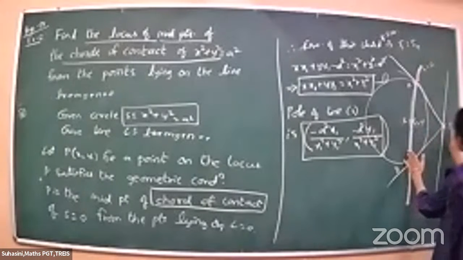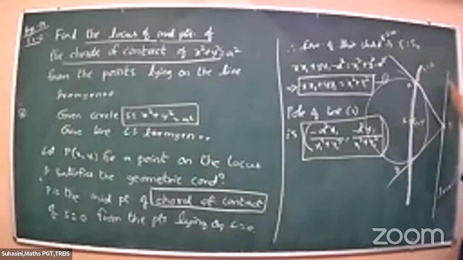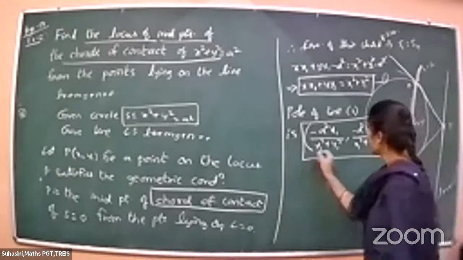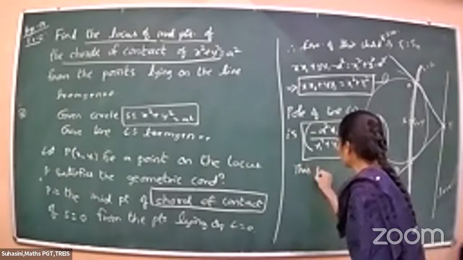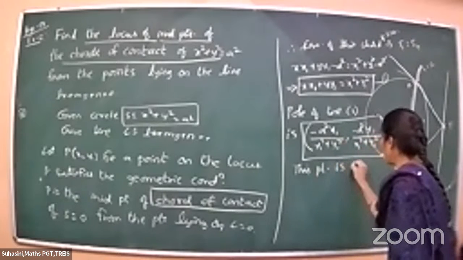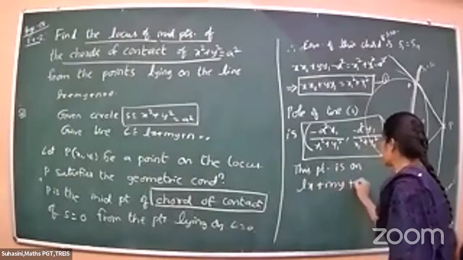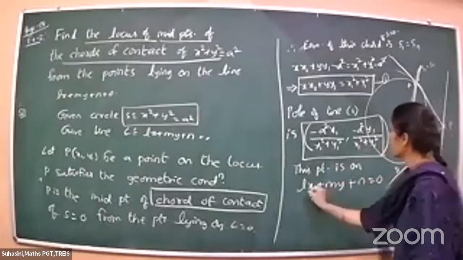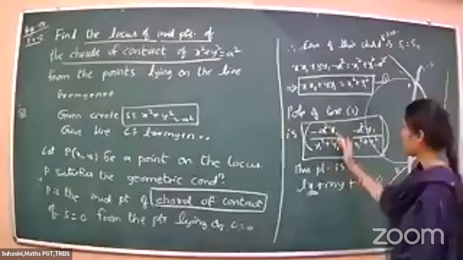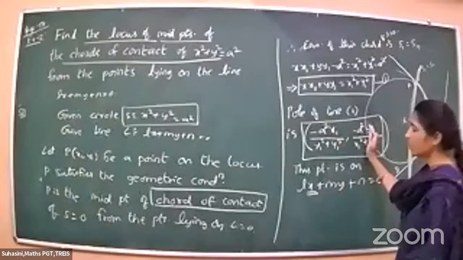Where is that point P, the pole? It is on the line lx plus my plus n equal to 0. So in place of x, substitute the x coordinate, in place of y, substitute the y coordinate.